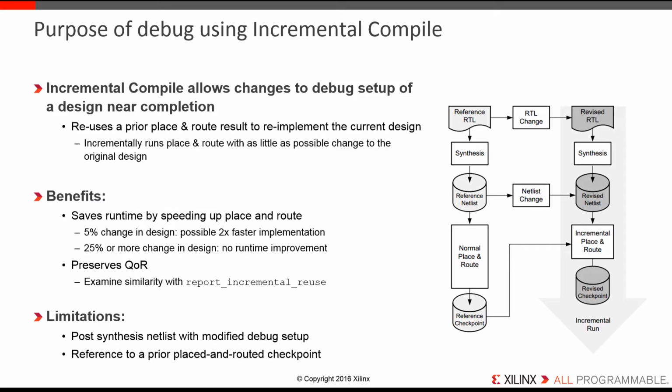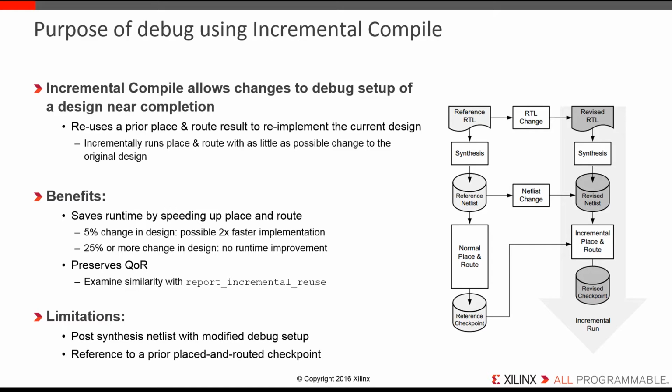This faster place and route runtime depends on the amount of changes applied to the design. For example, if there is 5% change in the design netlist, it is possible to have a 2x faster implementation time. On the other hand, if there is more than 25% change in the design netlist, the default non-incremental place and route will be used during implementation, and there will be no runtime improvement.